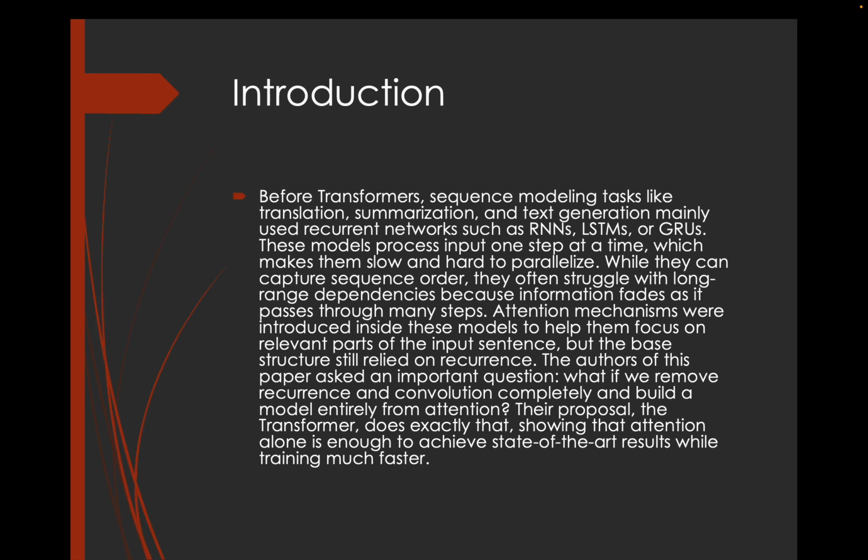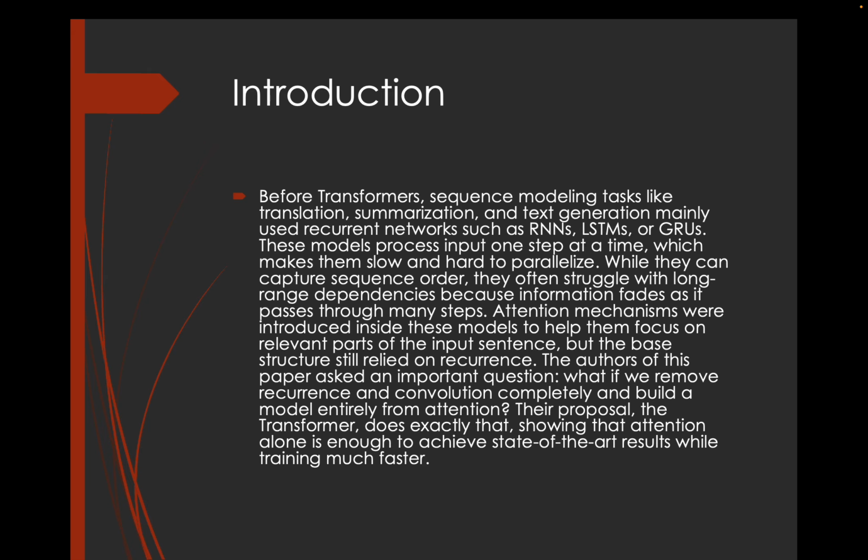Introduction. Before transformers, sequence modeling tasks like translation, summarization, and text generation mainly used recurrent neural networks such as RNNs, LSTMs, or GRUs. These models process input one step at a time, which makes them slow and hard to parallelize.